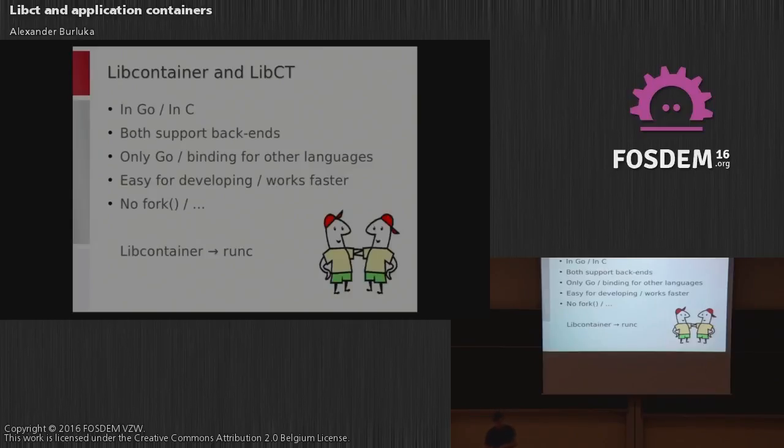libcontainer and libct both support backends, as I said before. And, of course, developing your program in C is quite harder than using a language that is quite young, such as Go or Python. Yes, we work faster, but we are a little bit harder to contribute to. And Golang has a little constraint which I don't understand fully.